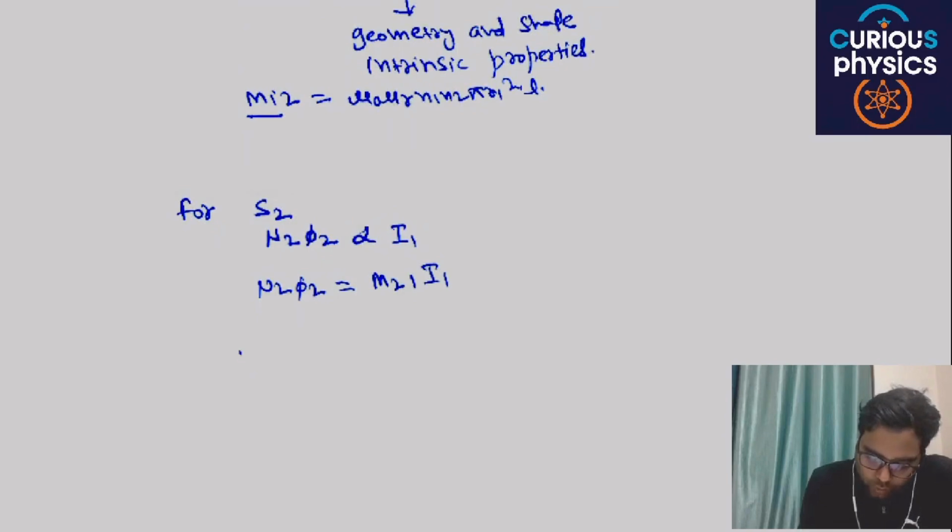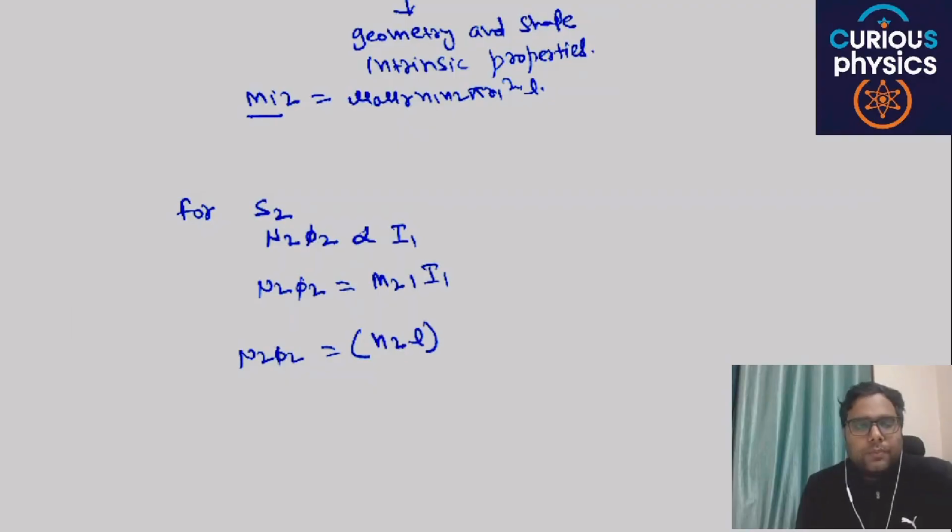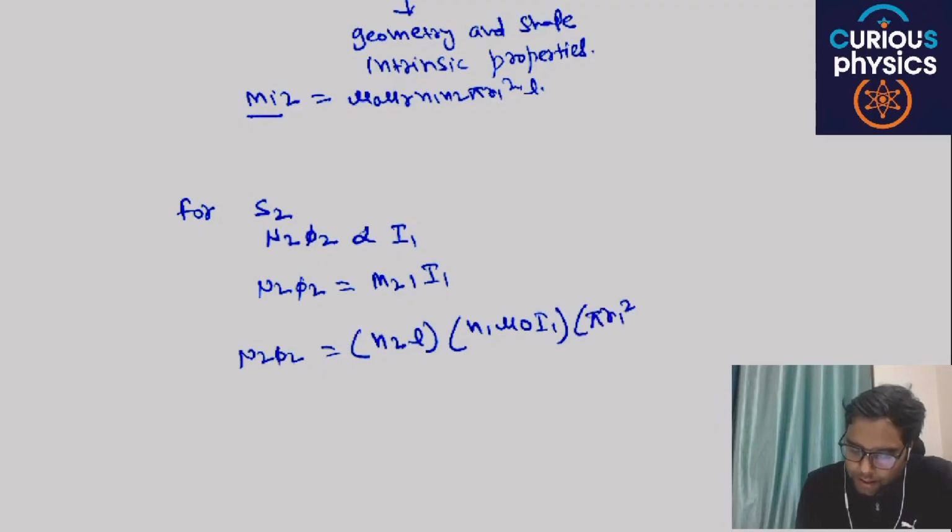Same as above, you have to write the value of N2 phi 2. N2 phi 2 is nothing but n2 into L, the number of turns per unit length into length, times phi 2, the magnetic field produced by coil 1, which is mu naught n1 I1. What will be the area? Area will again be pi r1 square. Here you cannot write r2. This is important. Why?